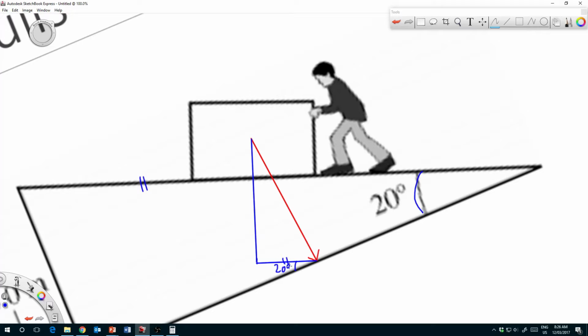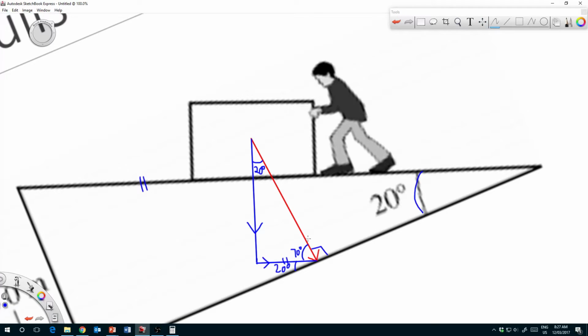Well, if those are 20 degrees and we've drawn this gravity line so that it's perpendicular to here, this means then that this angle over here is 70 degrees, and that makes this angle here also 20 degrees. So there we go. So that's 20 degrees. Now, why is that important? Well, that allows us to easily calculate this component pressing down and this component going along the slope.